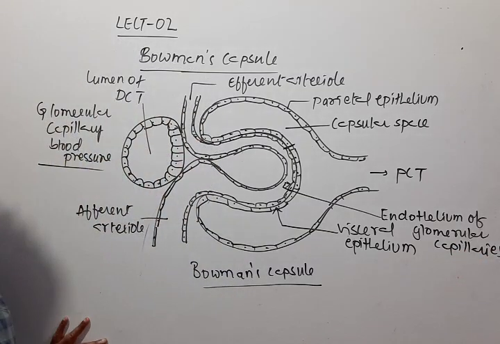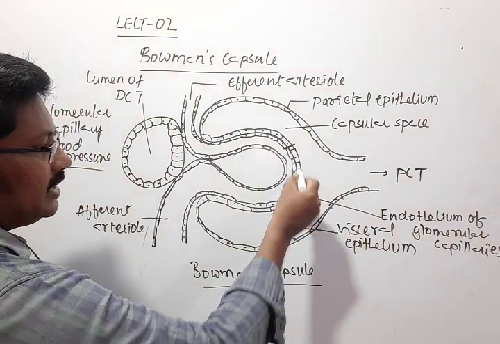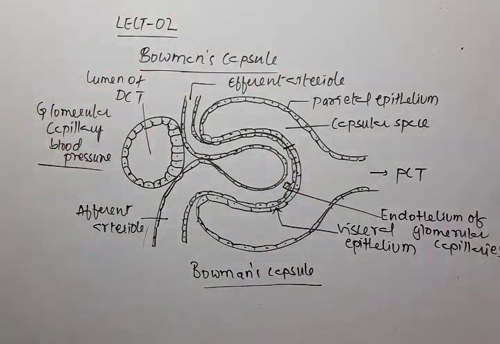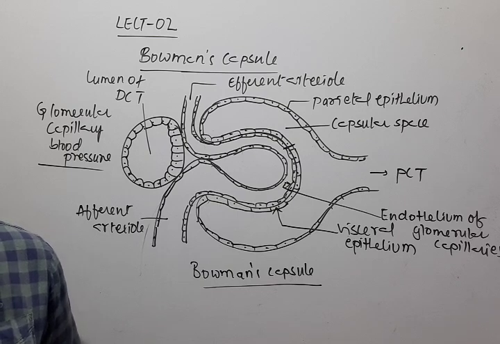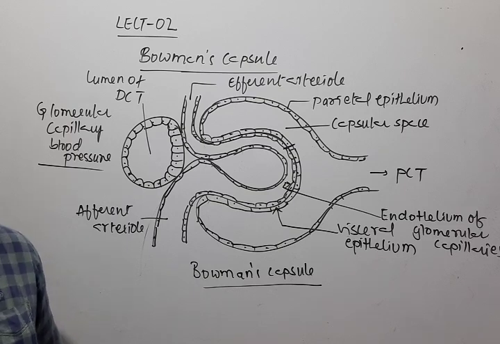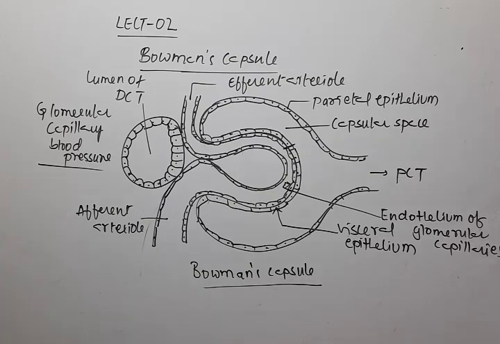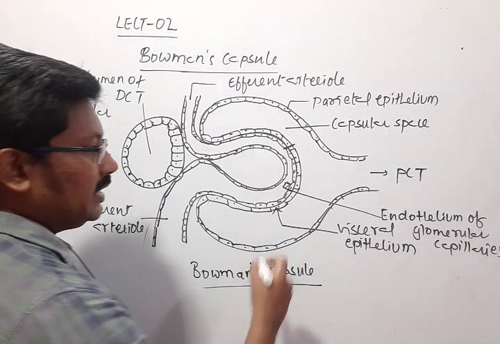And this you can see is the epithelium, that is the visceral epithelium of the Bowman's capsule. So the endothelium of glomerular capillaries and also the epithelium of Bowman's capsule.